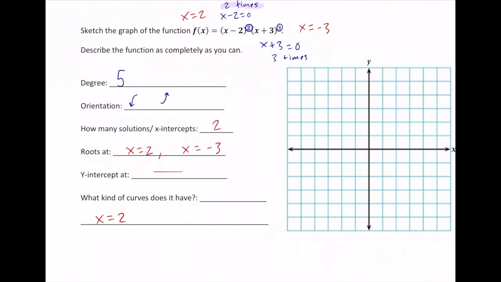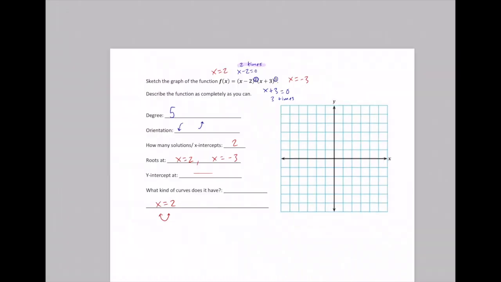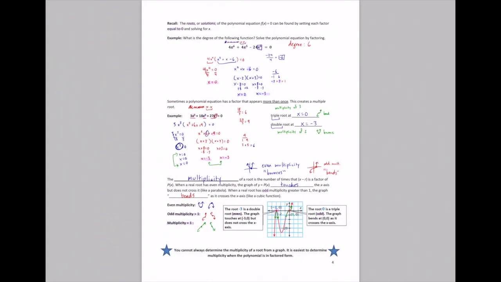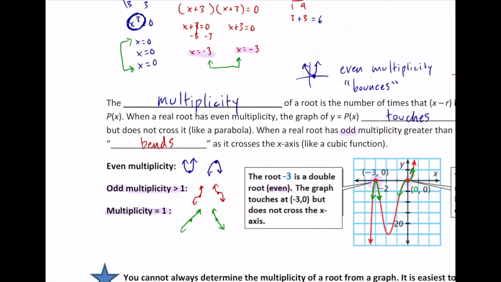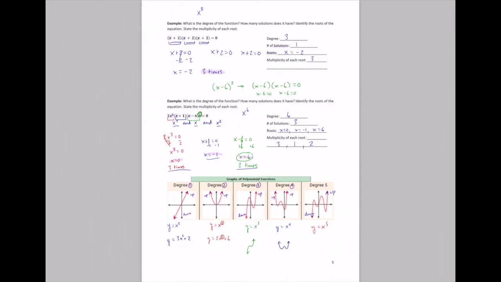We had an exponent of 2. So when we have a multiplicity of 2, that means that our graph is going to bounce. And we know that by looking back over here. 2 is an even number, so it's going to look like a U shape.